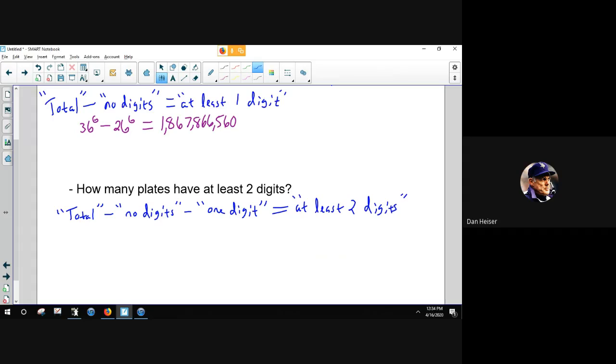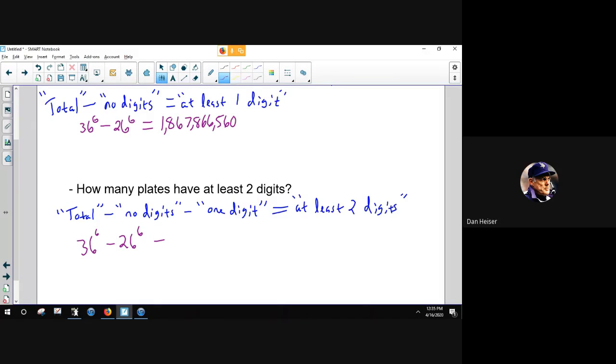By eliminating this group, which we already did, and eliminating this group, we'll be left with this criteria. So I'll take a similar approach. I know this is 36 to the 6th. No digits is 26 to the 6th.